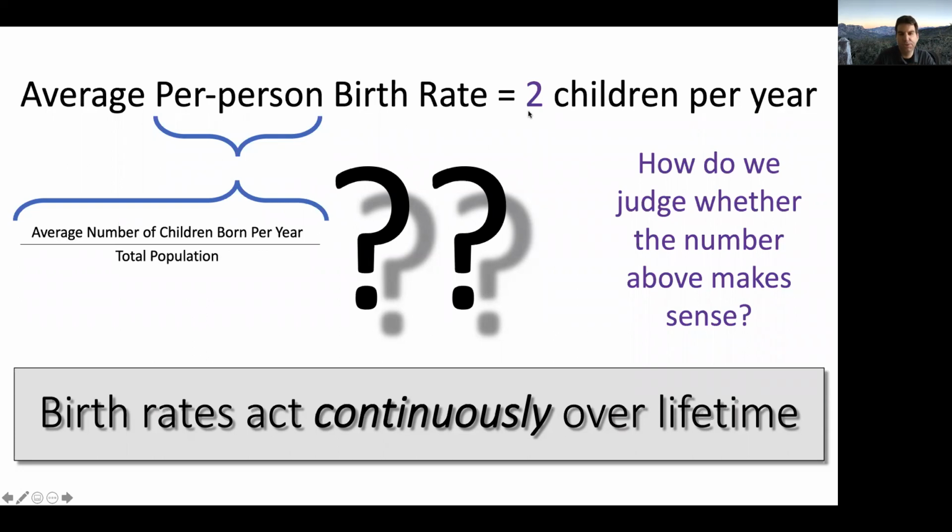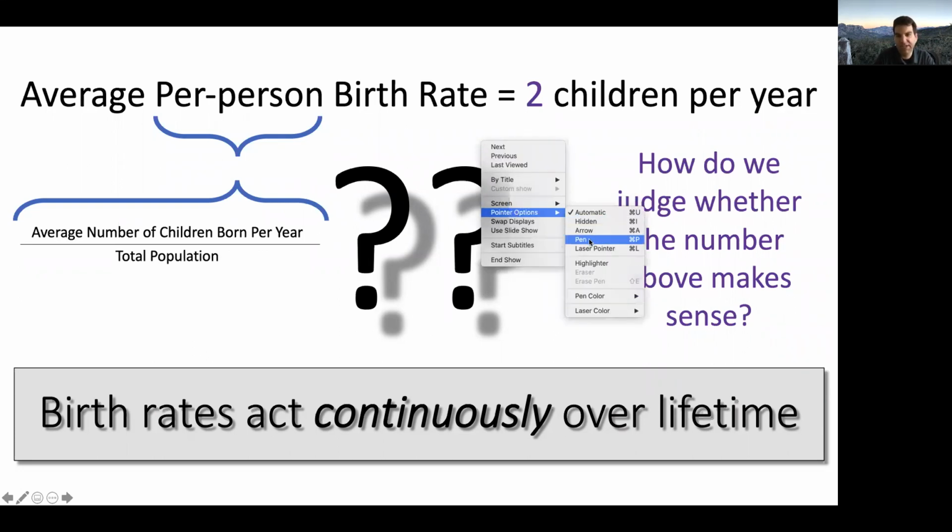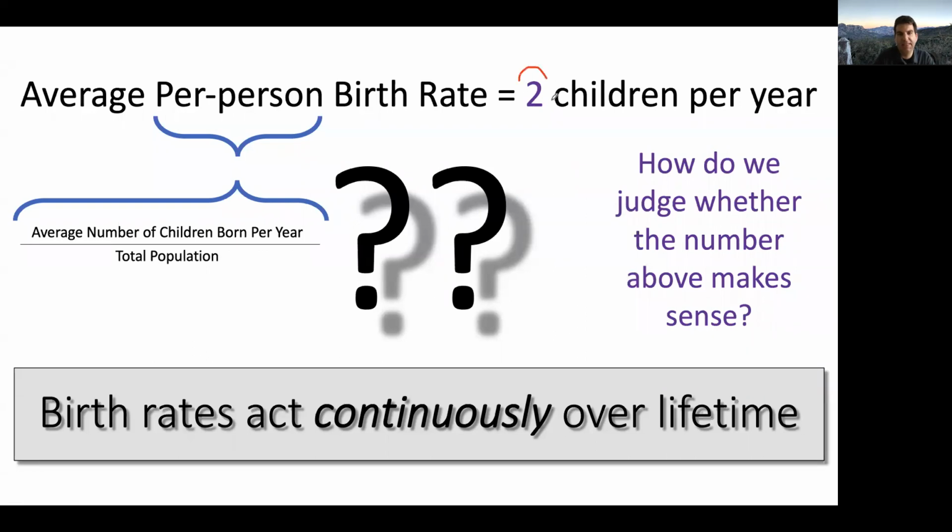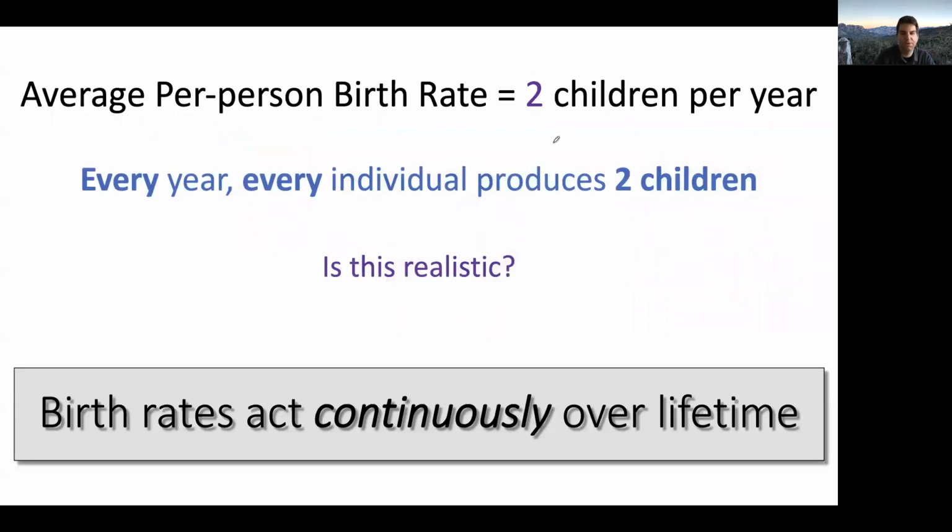But if you put the number 2 under average per person birth rate, then what you're effectively saying is that they're having 2 children per year. You have to ask yourself, does it make sense for them to have 2 children per year? That would mean that every single year, every individual produces 2 children. And so that's probably not what you meant when you put that 2 in there.